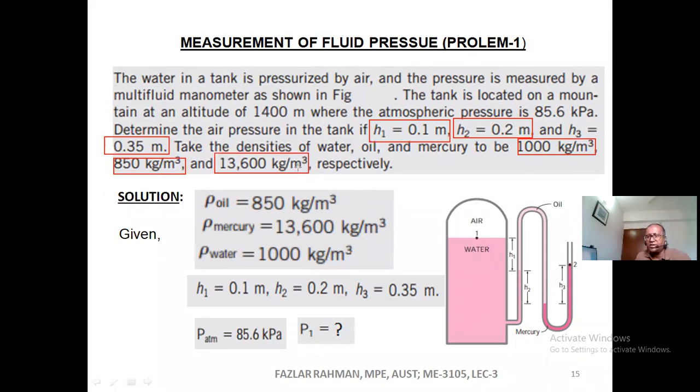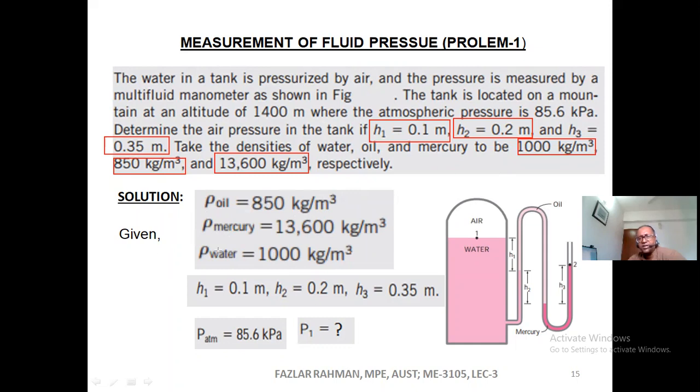So how can we solve it? At first, you write down what is given. Then draw the figure on the right side, then write down the density of the oil, rho oil, equal to this much. Density of the mercury, rho m, or you can say rho mercury, equal to this much.